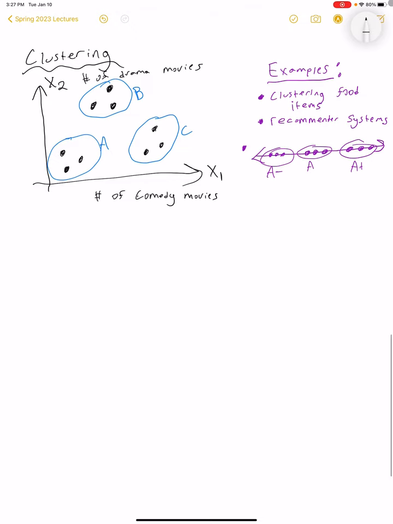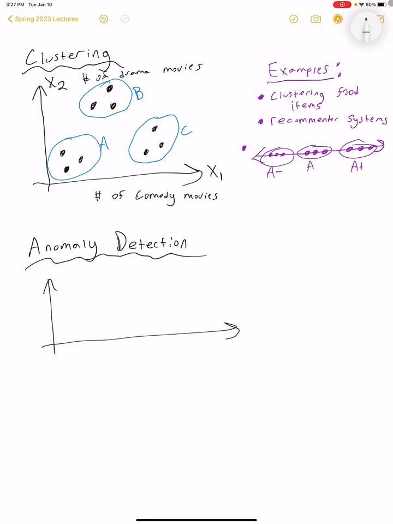I won't. Okay. Next unsupervised learning method, anomaly detection. Can anyone guess what anomaly detection is from the name? Outliers. Yes, exactly. Outlier detection. Anomaly just means outlier.